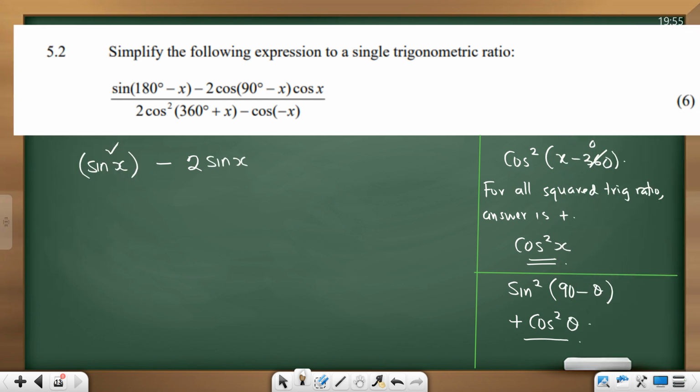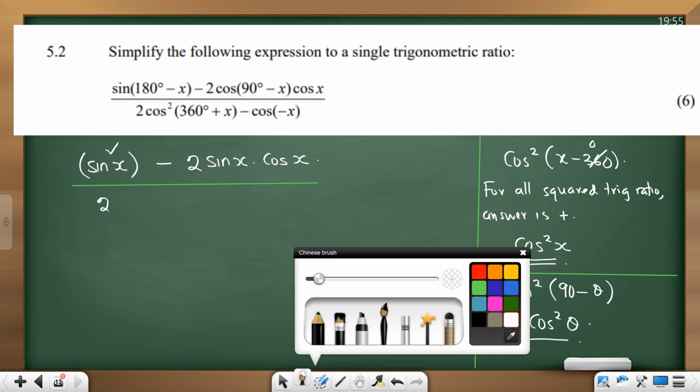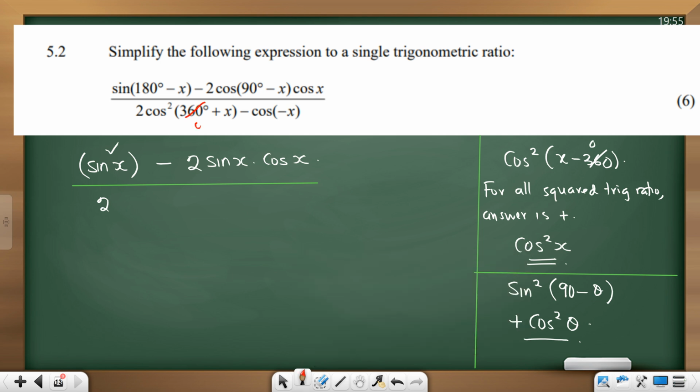Sine x multiplied by cos x over, there's a 2 there, beautiful. 360 plus x. I told you 360, I can just put a 0. I can cancel this and put a 0. 0 plus x is x. Beautiful.